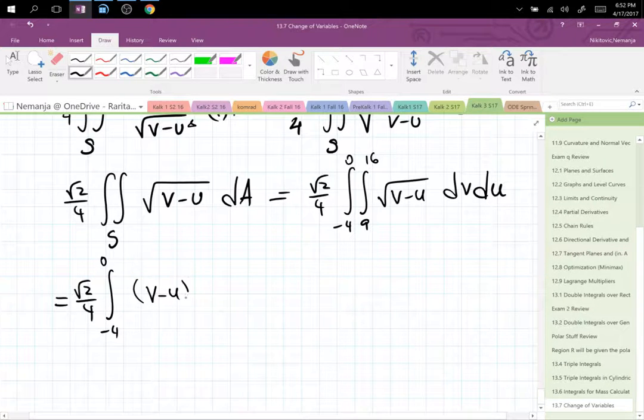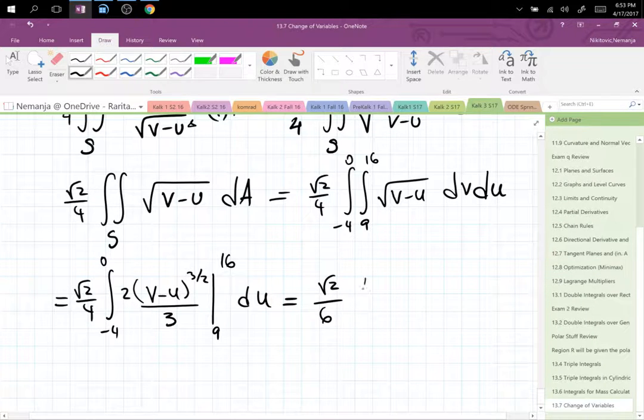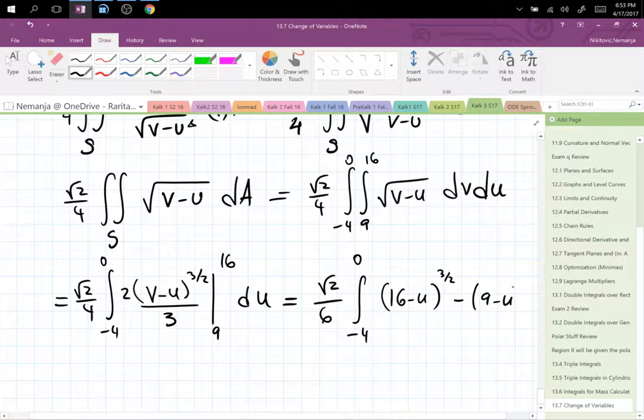So (v minus u) to the 3/2 divided by 3/2, computed from 9 to 16 du. This cancels, so root 2 over 6, integral from -4 to 0, and then I have 16 minus u to the 3/2 minus 9 minus u to the 3/2, and I still have du.